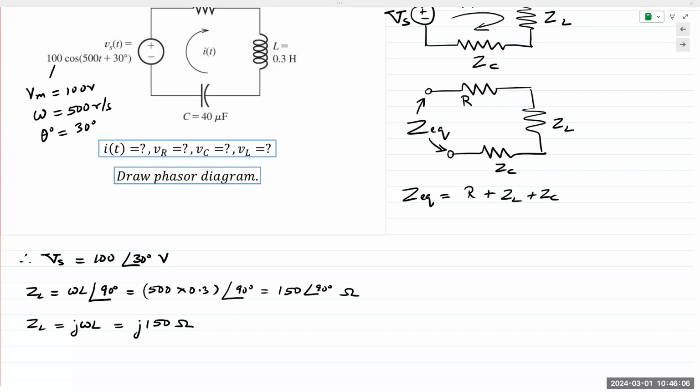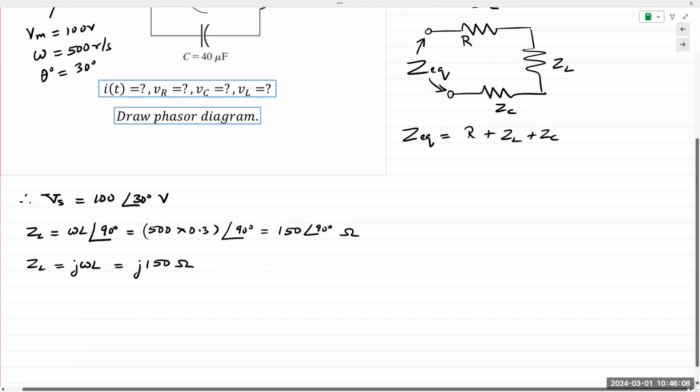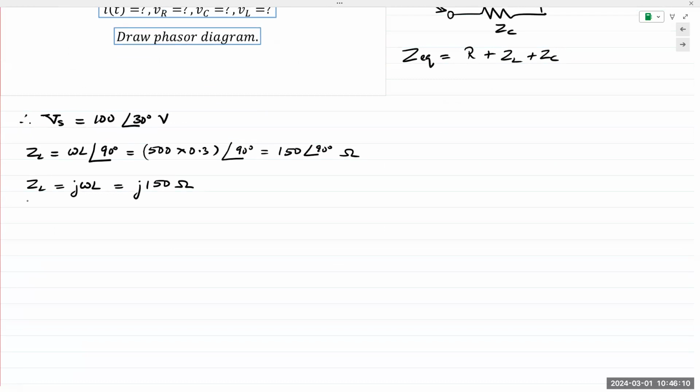Okay, ZC then is 1 over omega C with an angle of minus 90. Omega is 500. C is, what is C? 40 microfarads.